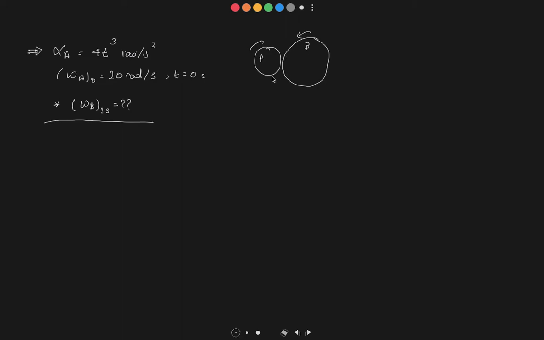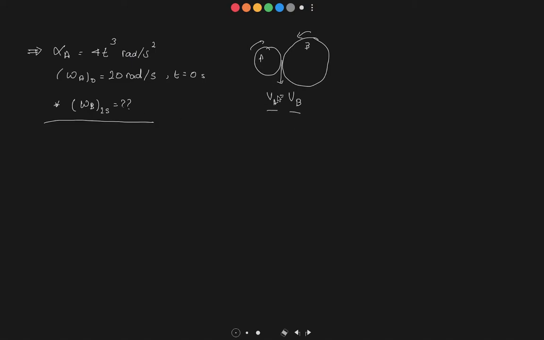Now, this movement of gear A would cause the movement of gear B. At this exact point, we know for a fact that the tangential velocity of gear A is equal to the velocity of gear B. So we have to move from A to B, which means we need to work with A and start finding unknowns in A. Let's write whatever we know.